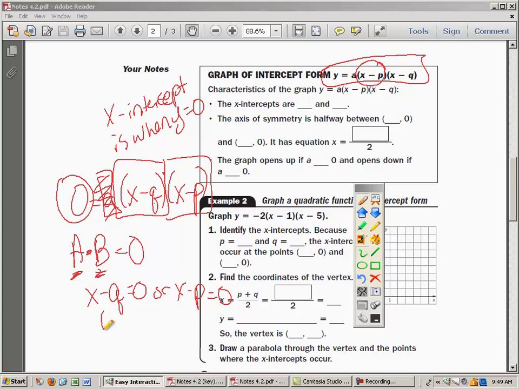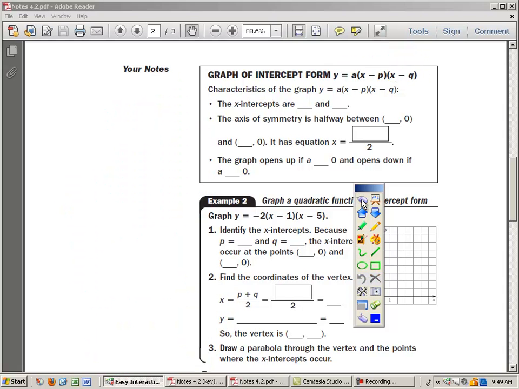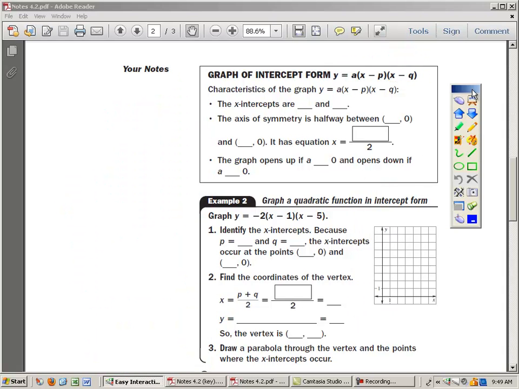And so the zeros of this thing, again, what we call the x-intercepts. If I add q to both sides, it's a pretty easy equation to solve. The x-intercepts are at q and p. And so this is, I guess, maybe a proof, but maybe not really a proof. This sort of justification why p and q are my x-intercepts. And this is going to serve us when we get into factoring in about 2 lessons from now. But I wanted to at least make sure I addressed that.